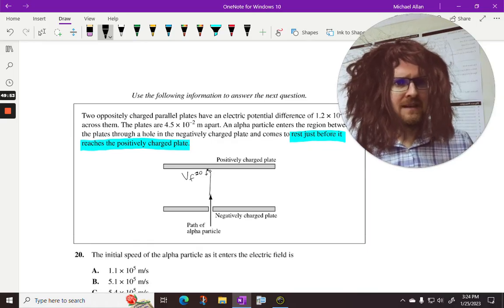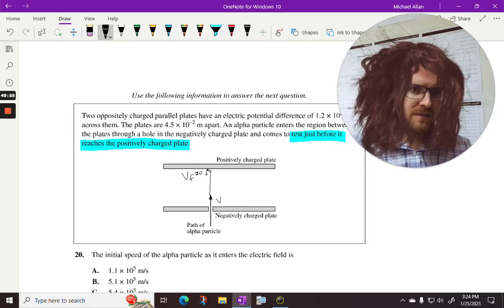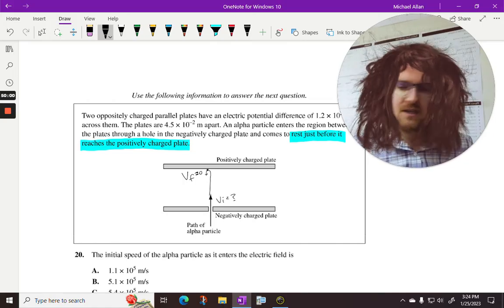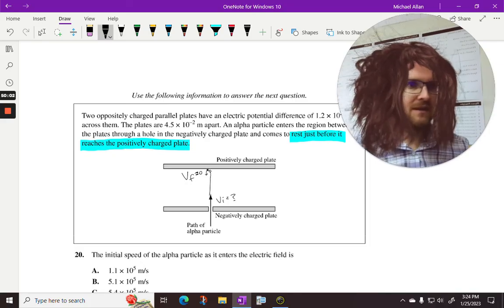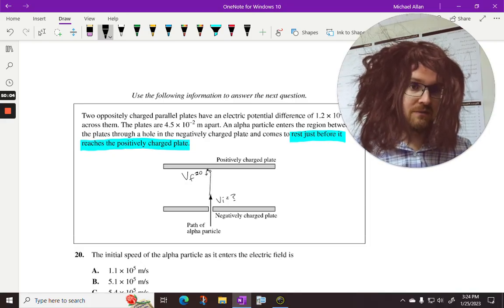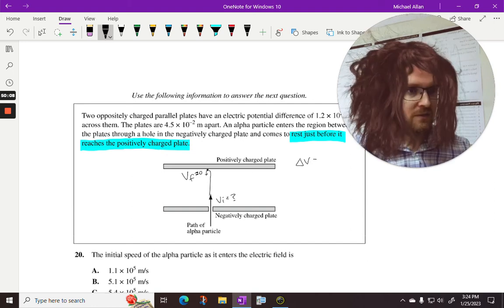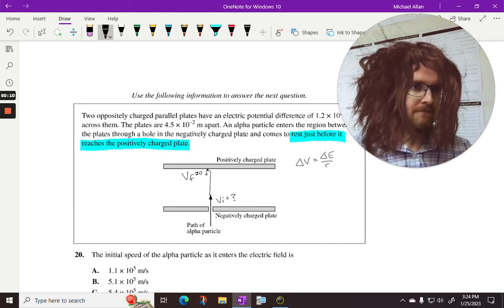Okay, so we're trying to find its initial speed down here. We can use the change of energy stuff that we've been doing before. I can solve for my change of energy; remember, change of energy is just final minus initial, and we're trying to find the initial.